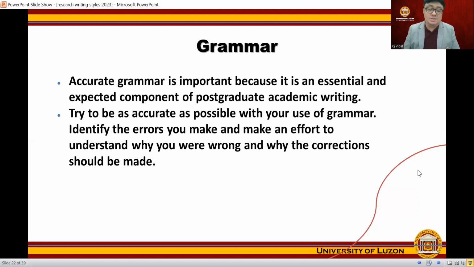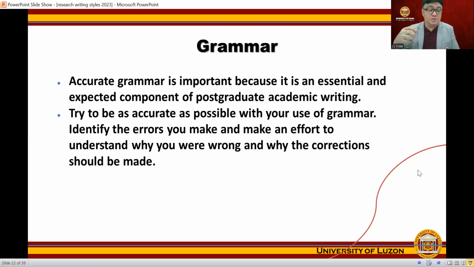So accurate grammar is important because it is an essential and expected component of graduate or postgraduate academic writing. Without it, your text may not make complete sense, or it may be ambiguous in a way that detracts from its overall quality. So in summation, you should try to be as accurate as possible with your use of grammar.